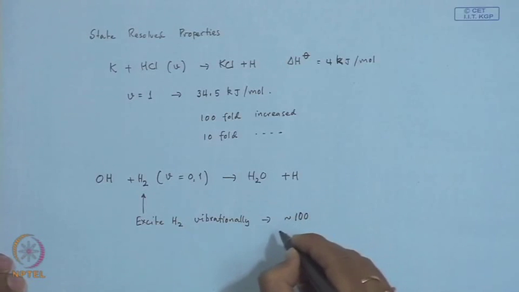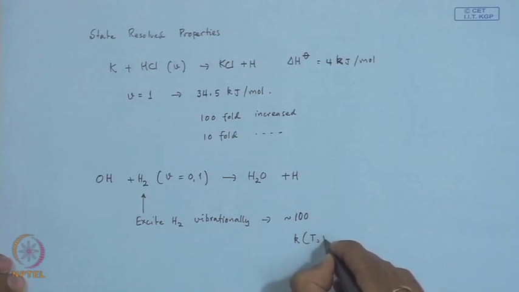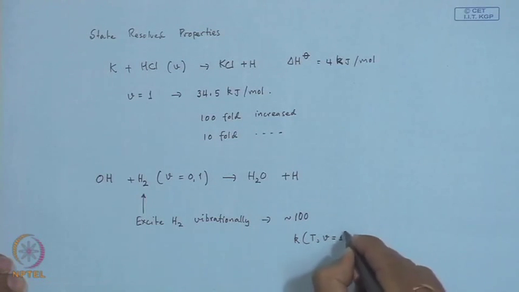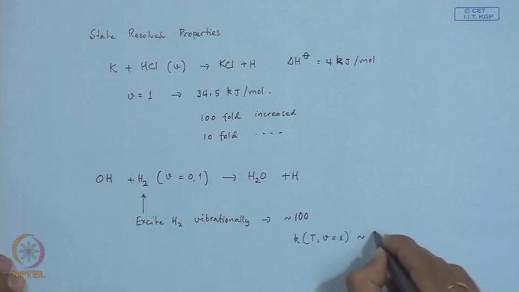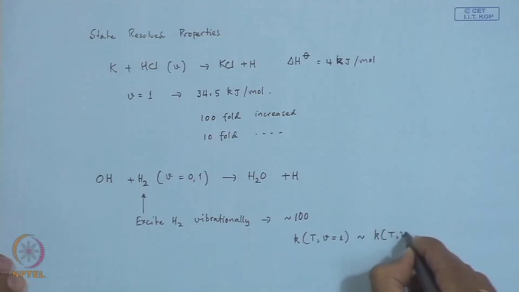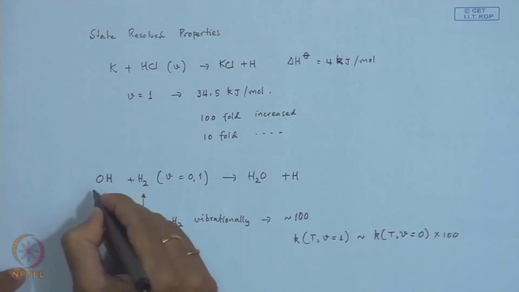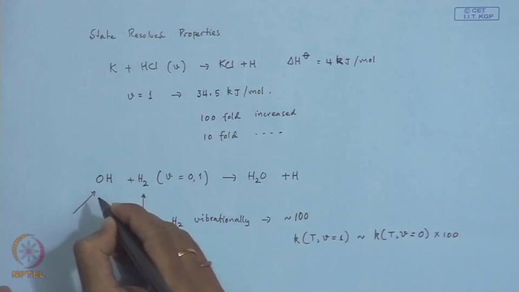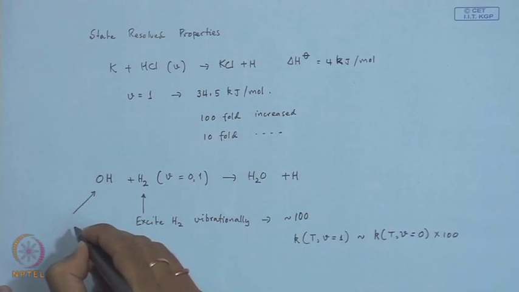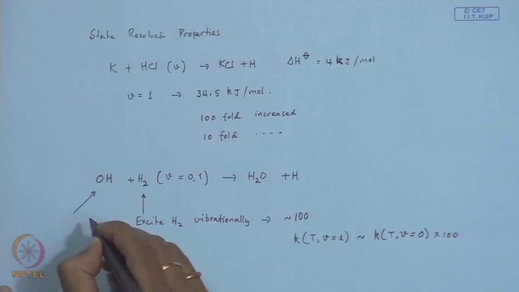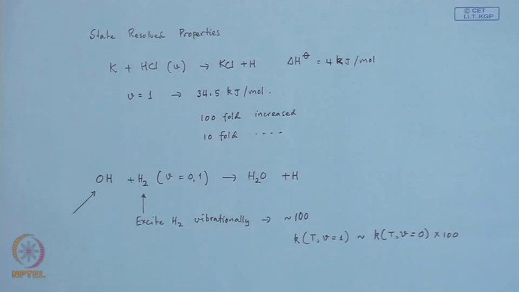Okay, that is basically kT, V equal to 1 is of the order of kT, V equal to 0 into 100. But if you excite this spectator, this OH, vibrationally, then it does not have that much of effect.